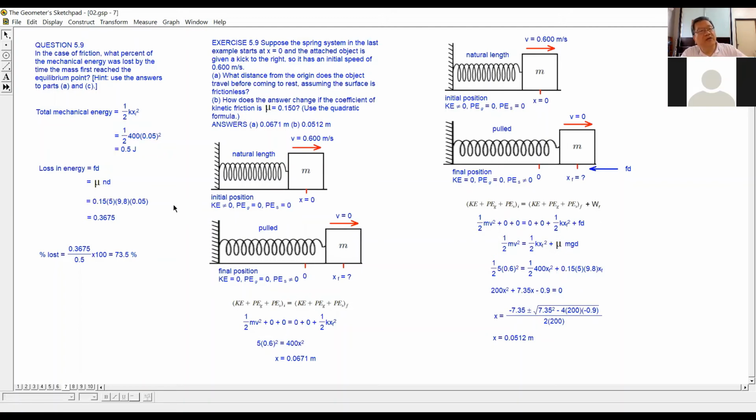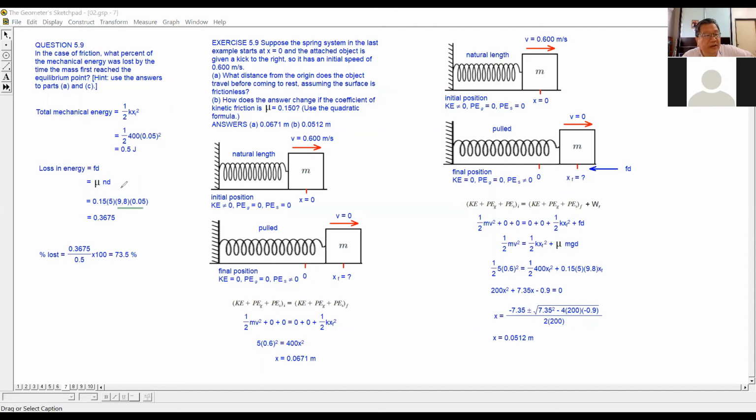Then I also want to find how much energy is lost through friction. Energy lost through friction is Fd, the work done against friction. F is mu n, mu is 0.15, n is mg.